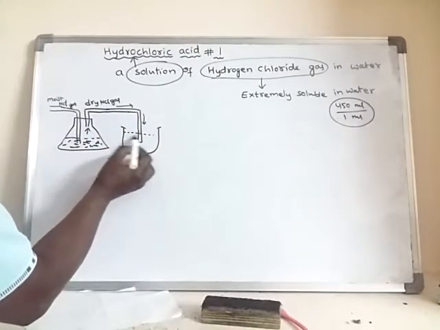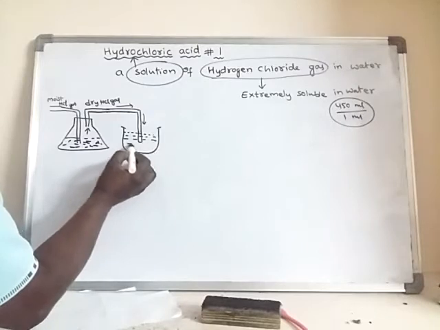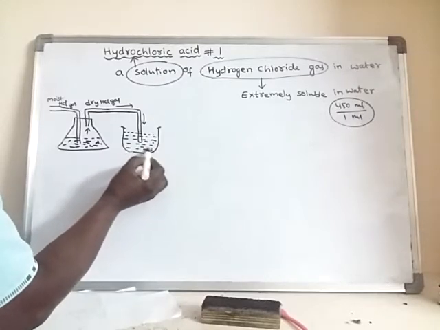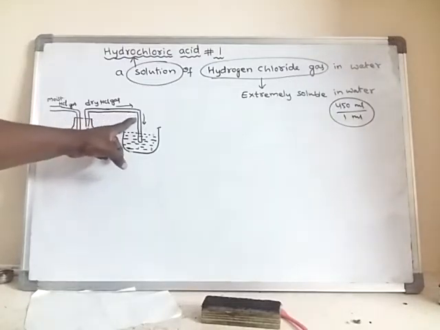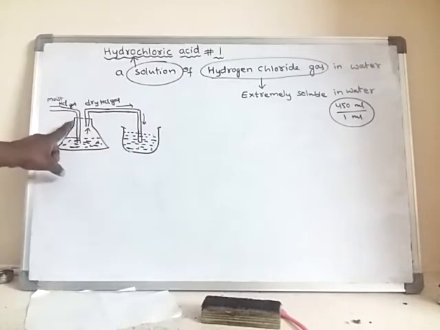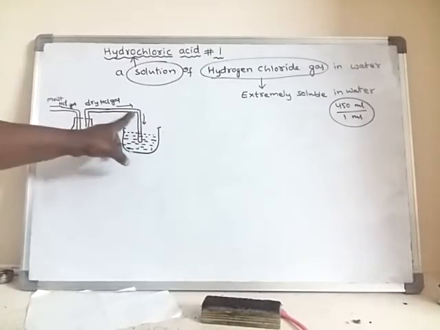When this tube is dipped in water, what happens? Dry HCl gas is passing, coming from this delivery tube, from the conical flask.